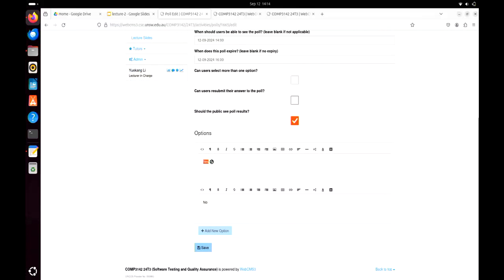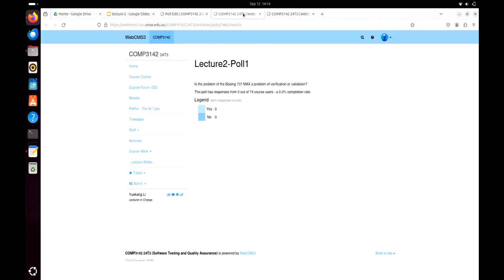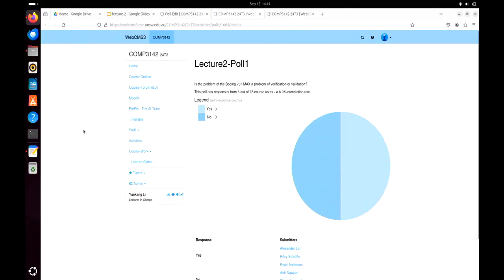Oh, I can't modify it. But let's say yes stands for verification and no stands for validation. And let's check the results. Oh, it's actually quite even.